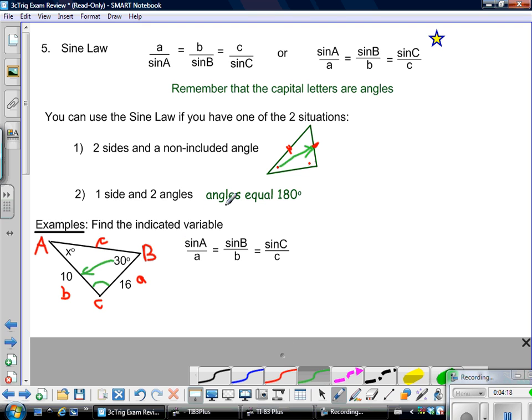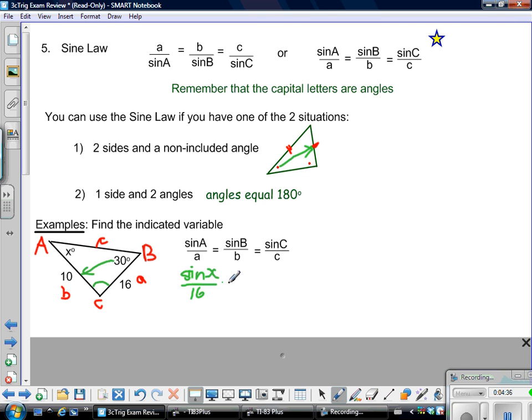Okay, first of all, A. So the first thing I'm after is a measurement of angle A, which I don't know, it's x degrees, so that's what I want to find. Side A is 16.